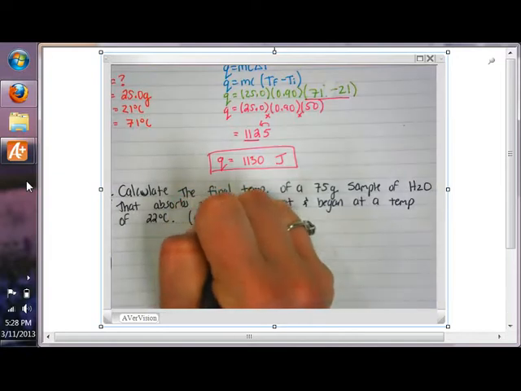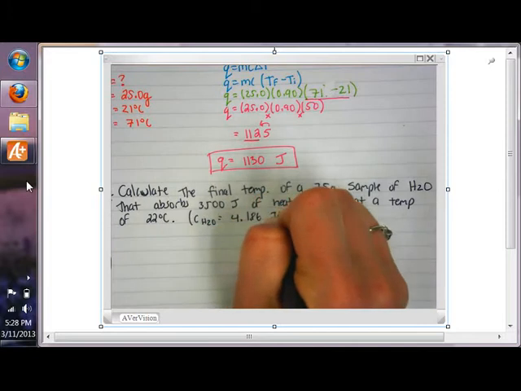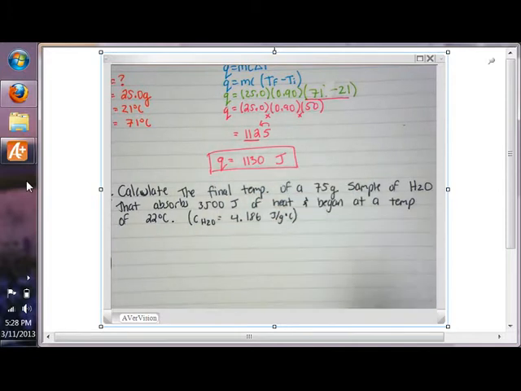Your specific heat of water is 4.186 joules per grams degrees Celsius.